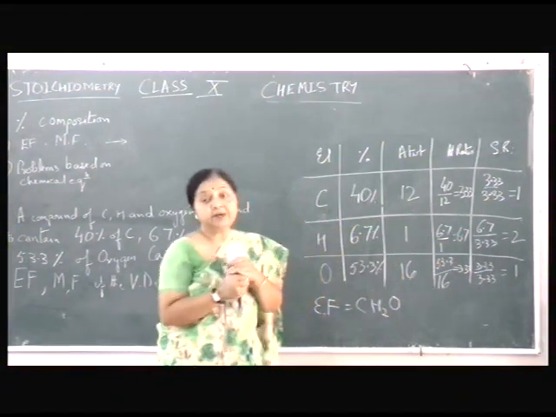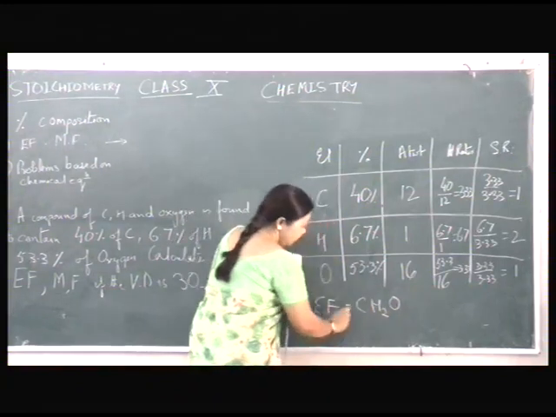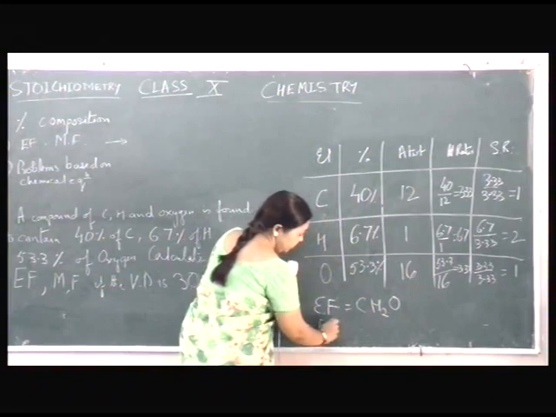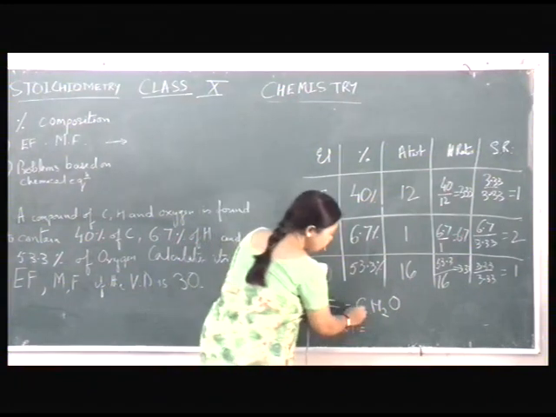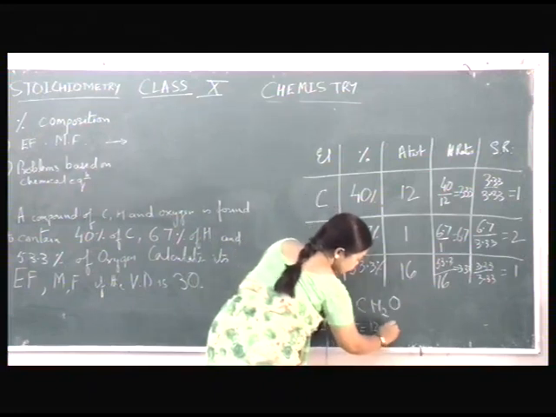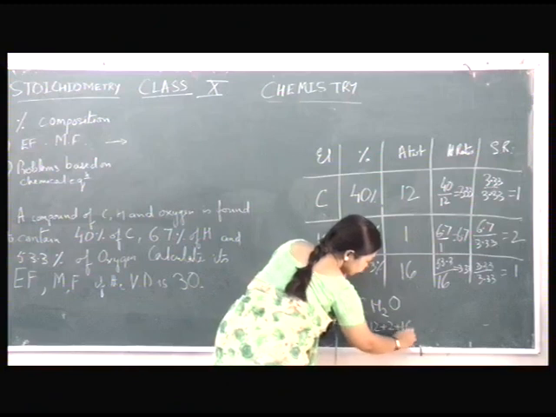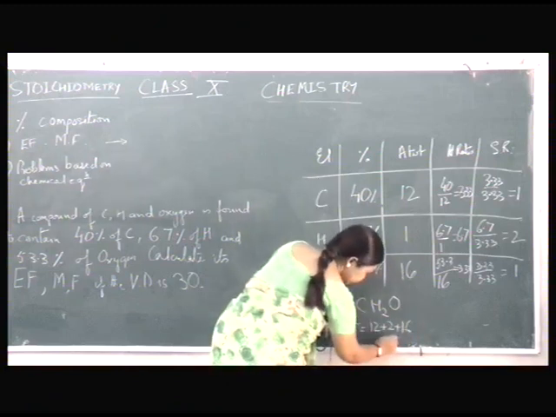Now we find the empirical formula weight. What is the weight of this empirical formula? Empirical formula weight is equal to 12 plus 2 plus 16. That comes to 30.